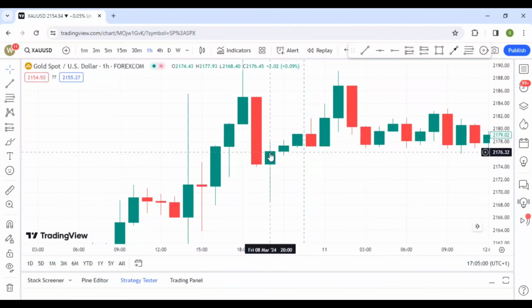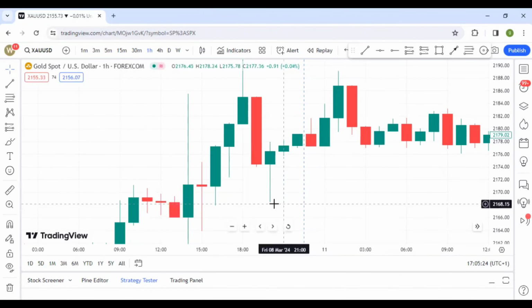Some will have an upper wick, some may not. Like this one has a wick, some don't have this upper wick here. It just stops here. Now, the lower wick is at least twice the length of the real body.